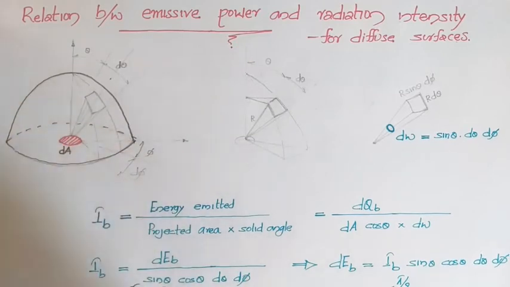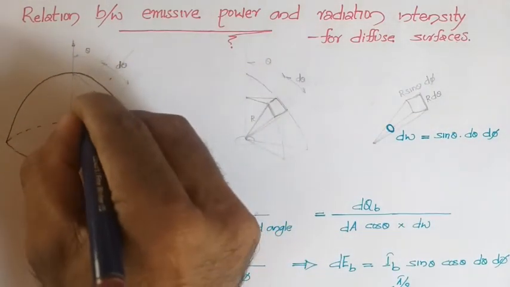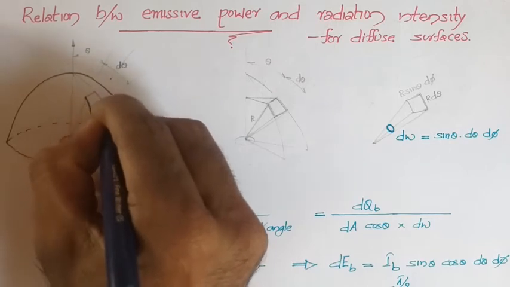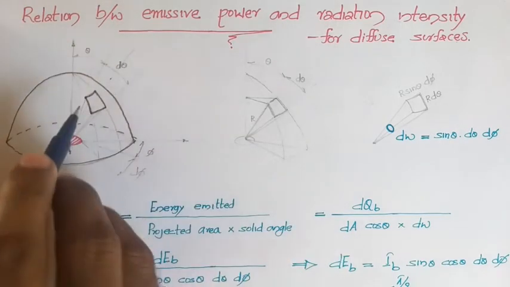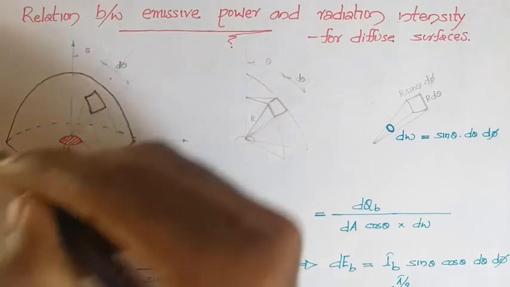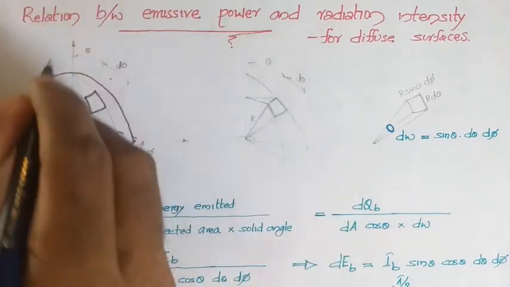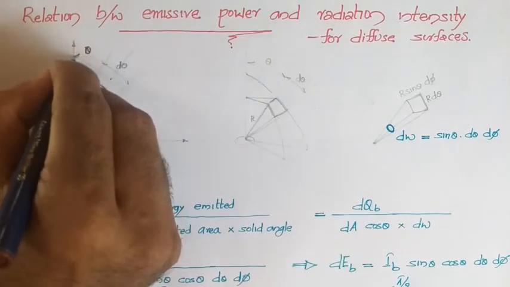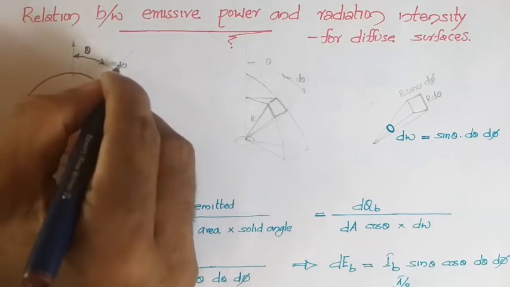Now you are looking for the amount of energy that is emitted in a particular direction. So you take an element on the hemisphere in this direction. This direction lies at an angle theta with respect to the normal, and over that element there is an angle d theta.